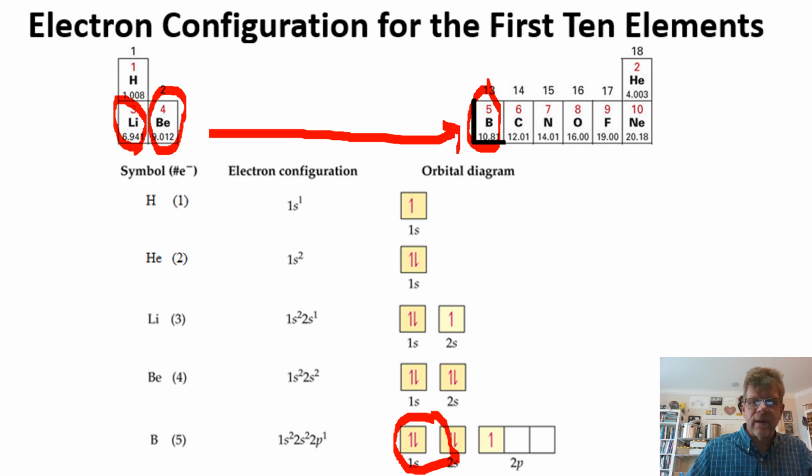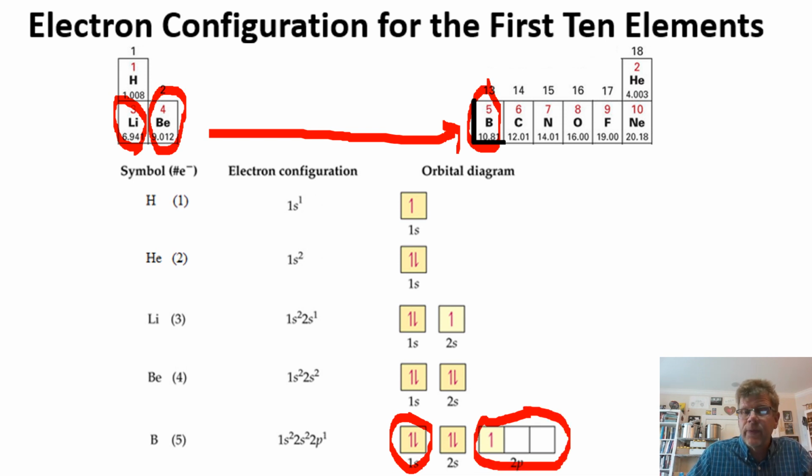Now, obviously, an s orbital is 1 box, so it can only fit 2 electrons. Fair enough. If there's 2 electrons per box, how many electrons can fit totally in a p orbital if it was totally full? Well, 2, 4, 6. It can accommodate up to 6 electrons.